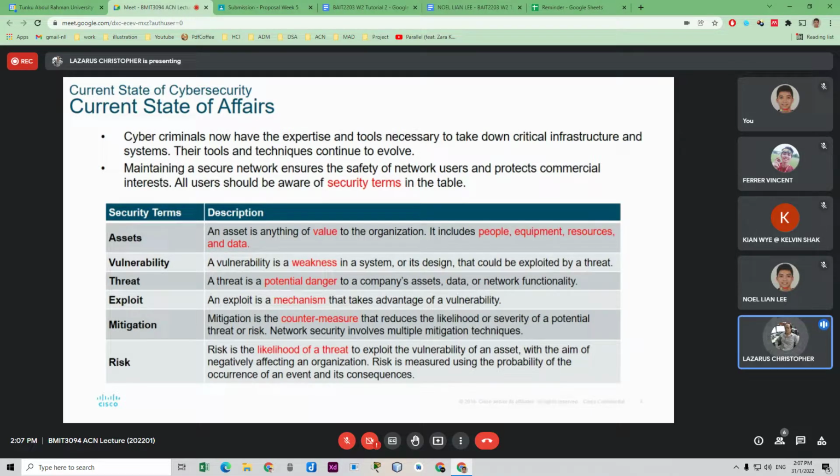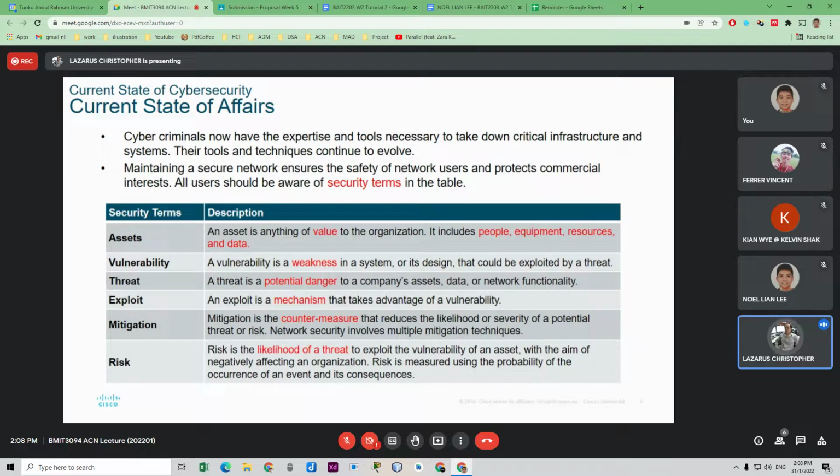So in order to do crime online, they need to get this expertise and tools. If the criminals or mafia do not have the tools, they will hire someone who has the expertise and the tools. Tools here means software tools necessary to do the criminal activities.